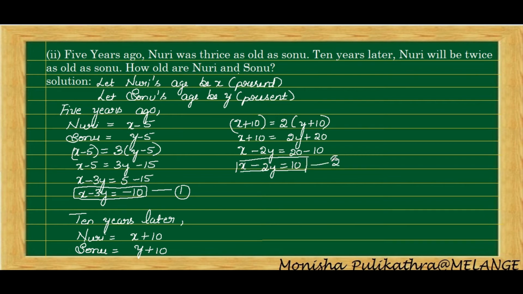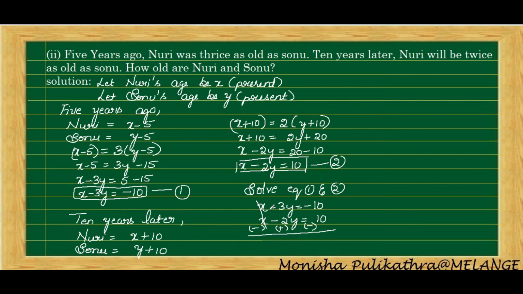So next what we have to do? We need to solve equation 1 and 2. That is X minus 3Y is equal to minus 10, X minus 2Y is equal to 10. Change the signs. So here plus X and minus X get cancelled.